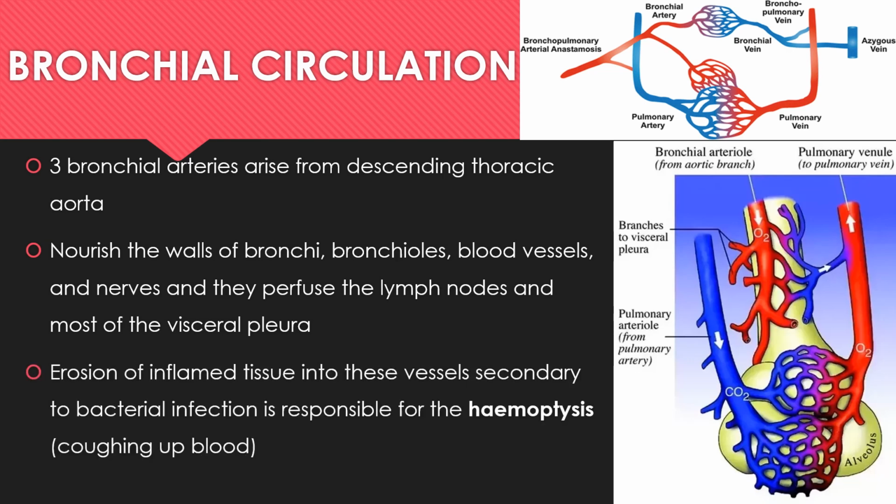Erosion of inflamed tissue into these vessels secondary to any bacterial infection is what is responsible for hemoptysis. Hemoptysis is when we cough and there is blood along with the phlegm.